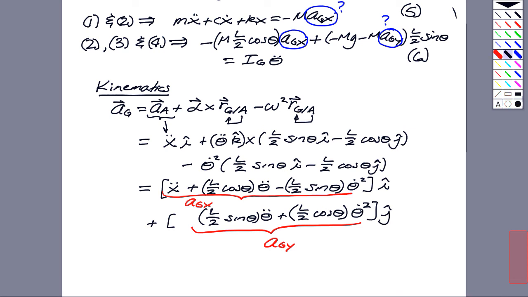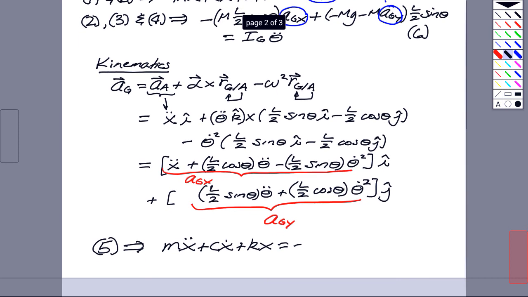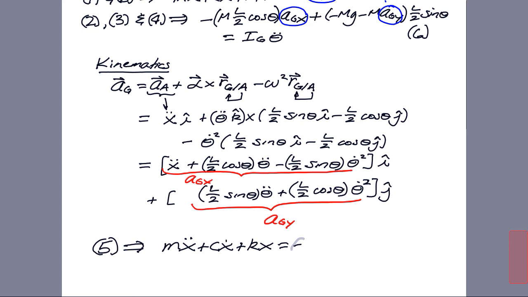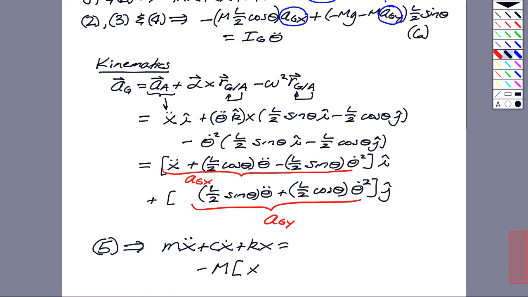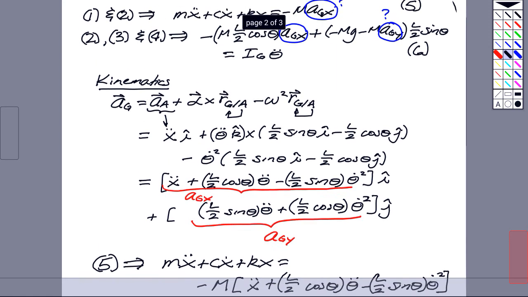So equation 5 here is going to be m x double dot plus c x dot plus k x is equal to minus, in fact let me extend this just a little bit, minus m a_Gx, where a_Gx is x double dot plus L over 2 cosine theta theta double dot minus L over 2 sine theta theta dot squared, and that is going to be everything there on the right side.